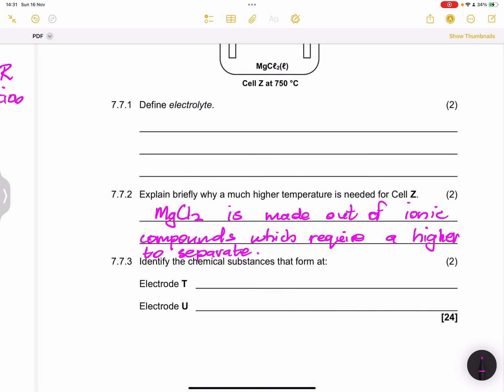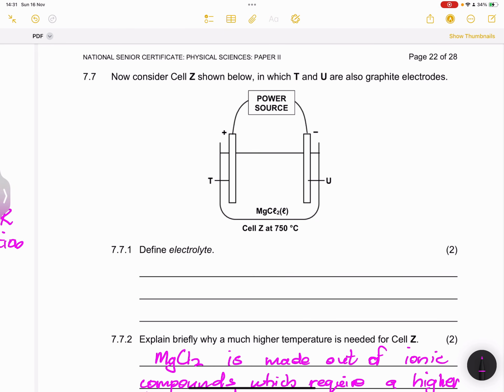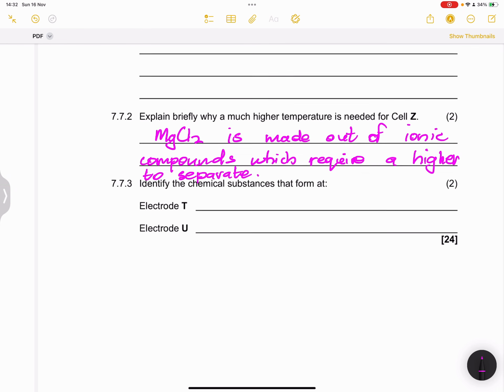Right, now they say to us, identify the chemical substances that form. In this case, ladies and gents, because you've got molten magnesium chloride, it will first break down into magnesium 2 plus and Cl minus. Notice that the Cl minus will now undergo oxidation, the loss of electrons, which means the magnesium ions are going to undergo reduction.